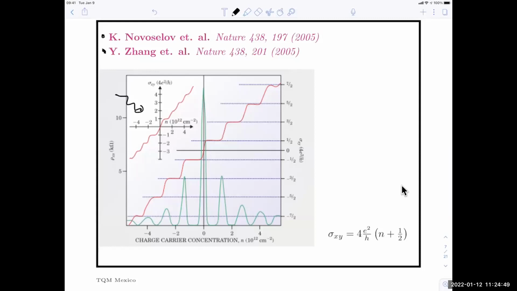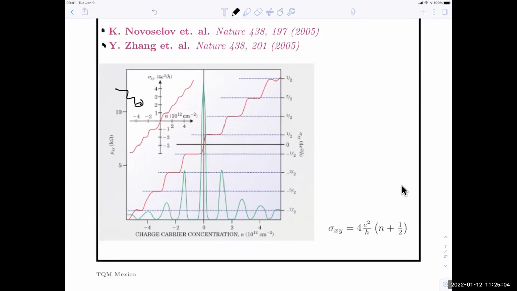And this was, in a sense, anomalous, but really just a signature of the fact that the active electrons are massless in the following sense. Well, first of all, there's the SU4 symmetry, and that's seen in this picture because the height of these steps are actually 4 quanta of the integer quantum Hall effect.